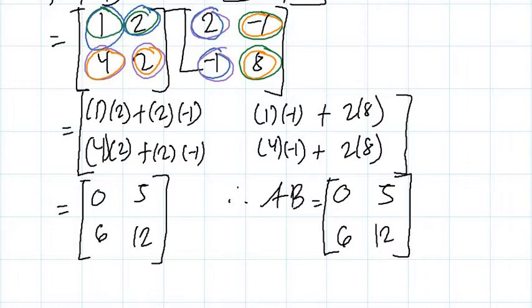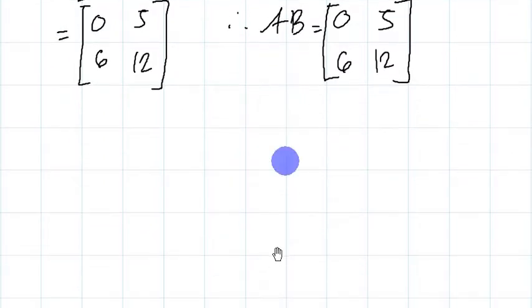Let's now look into BA. So letter B, BA. Since we already determined that both are 2 by 2, the result would still be 2 by 2. So therefore, we can already proceed.